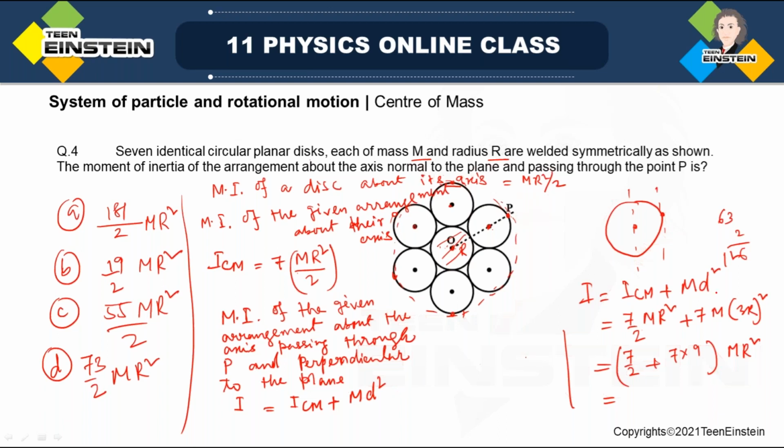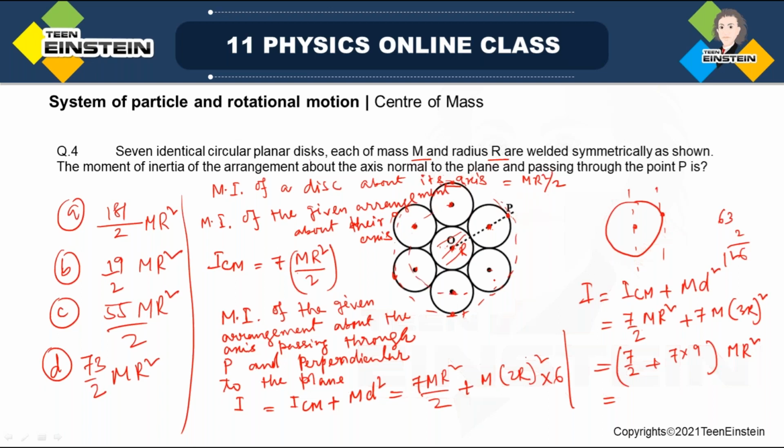What we have done here is, see, mr square by 2 plus m 2r whole square into 6. This will give you the moment of inertia about this axis.